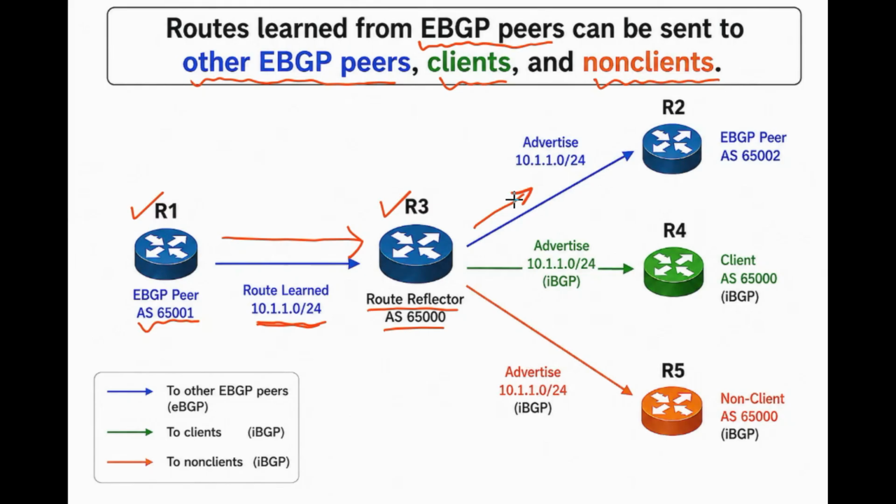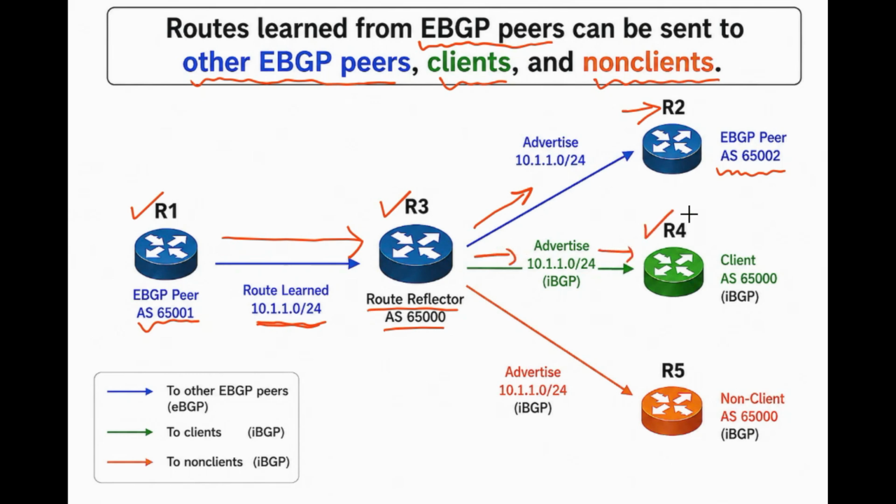Now R3 has another eBGP peer, router R2. R2 is in AS number 65002, which is eBGP for the R3 route reflector. R3 has a client peer, which is router R4.